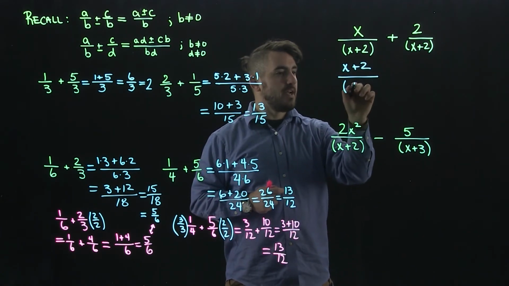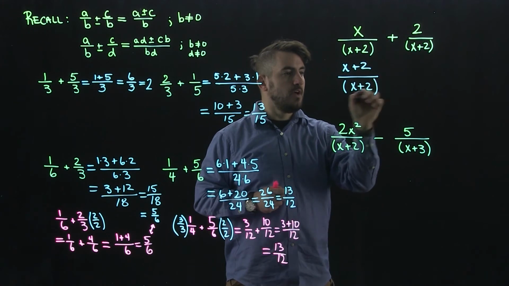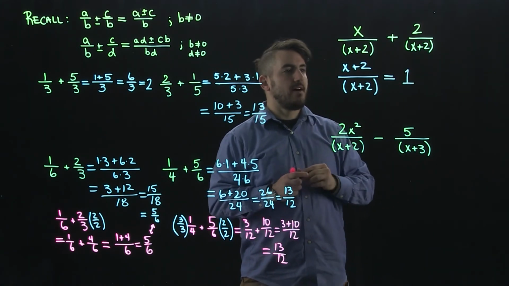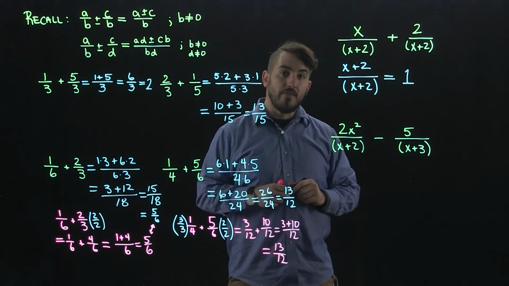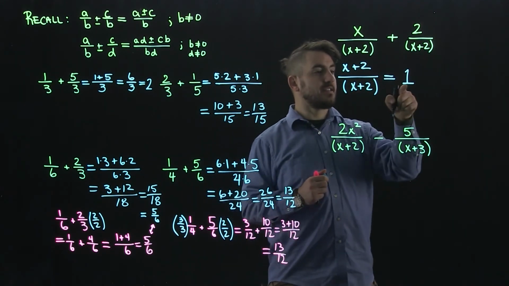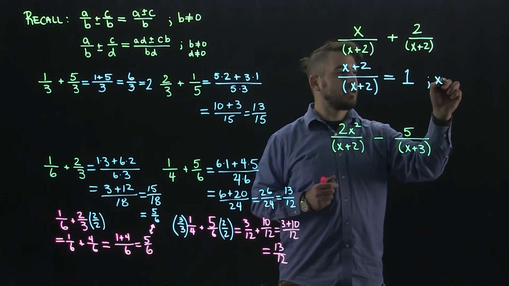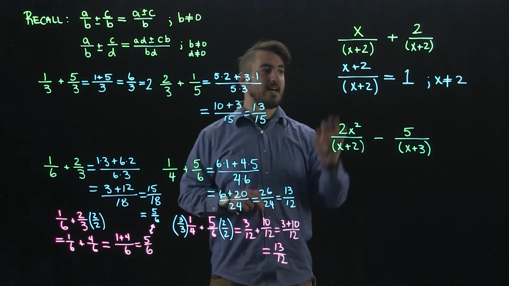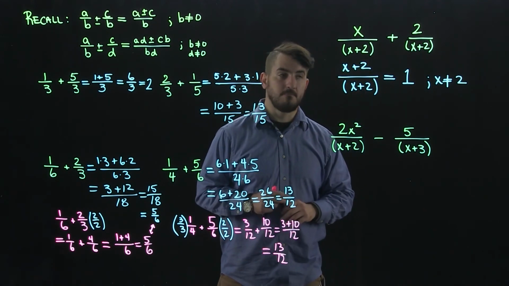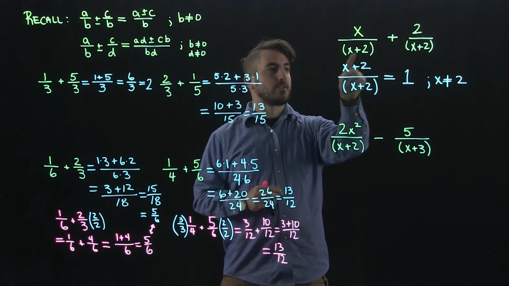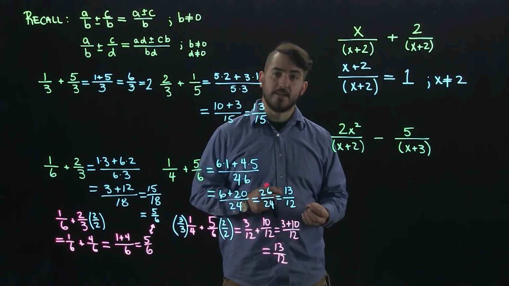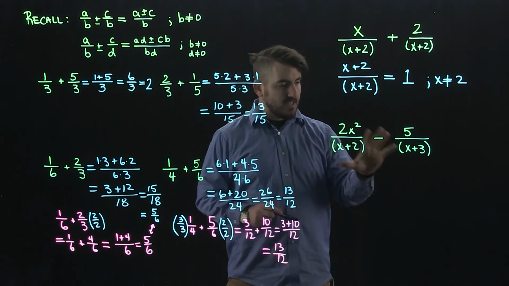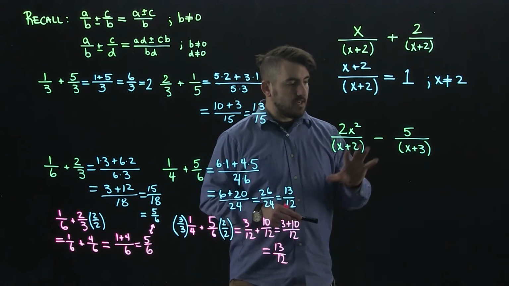So that's going to be x plus 2. And we could identify this as being 1 because we have the same over the same. But one thing that we want to keep in mind is this equals 1 when x does not equal 2, because x equals 2 is not in the domain of this sum. Because if we have x equals 2 in either one of these cases, we would be dividing by 0, which is not allowed.